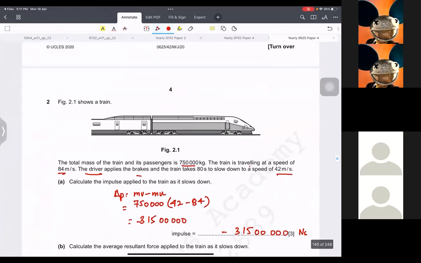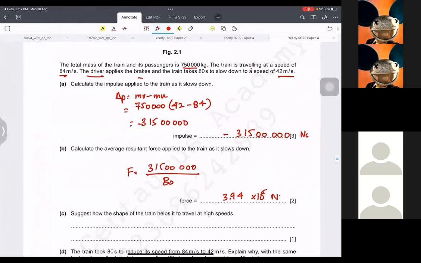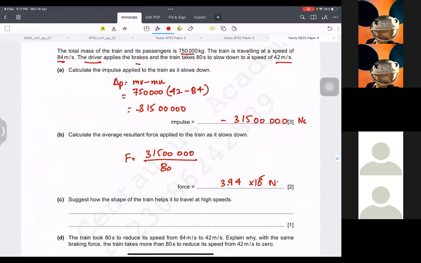So that's how the shape of the train helps it to travel at high speeds. If you look at it, it's very aerodynamic, right? So we could write that it's aerodynamic, so it will reduce air resistance.